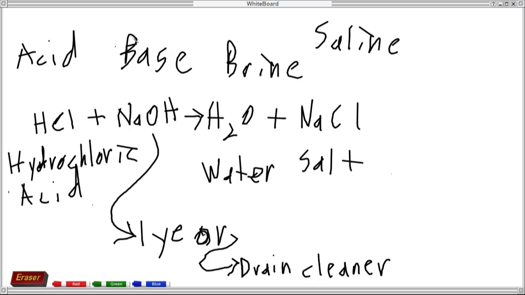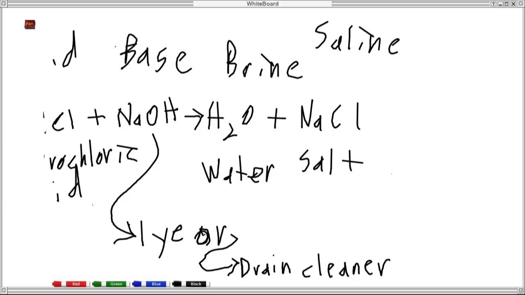But acids and bases also always make water and a salt. This is just a little side detail I'm giving to give an idea behind the whole process of electrolysis.